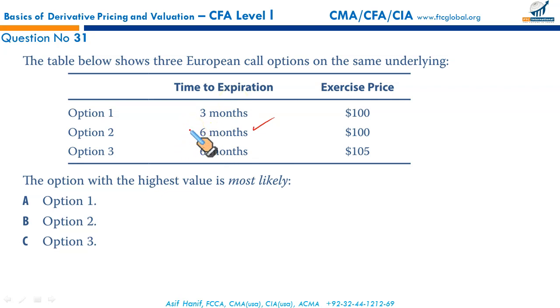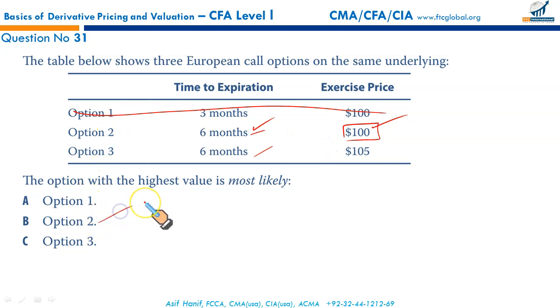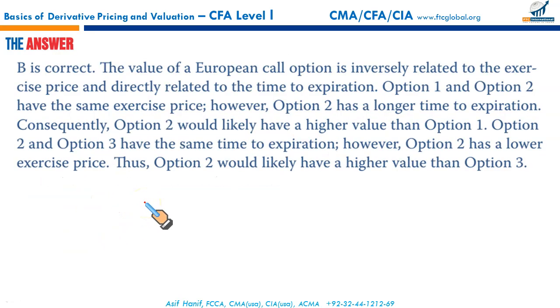Then, since option 1 has been rejected, we have to compare option 2 and 3. Since they both have the same time to expiration, the point will come to which one has the lower exercise price, the right to buy. The lower price to buy is good for me. That makes option 2 the correct option, option B.